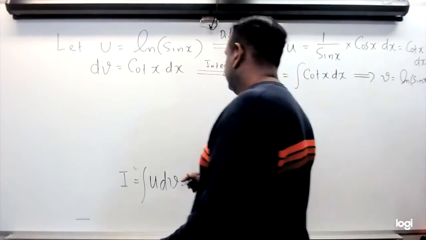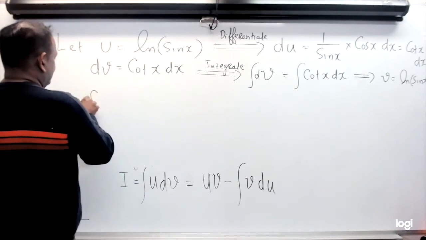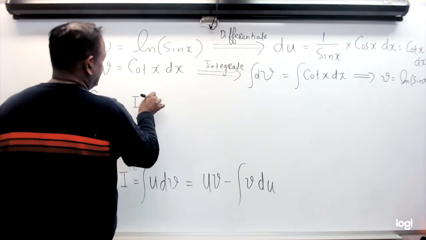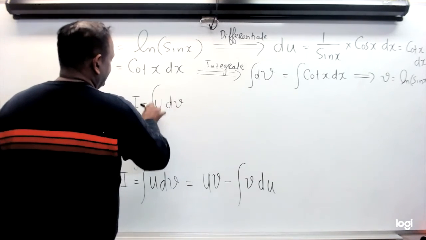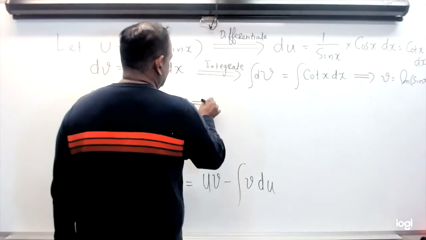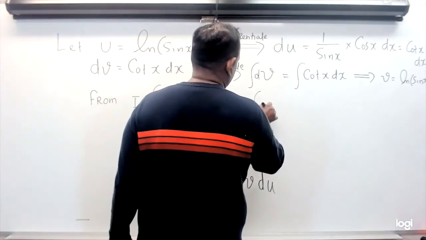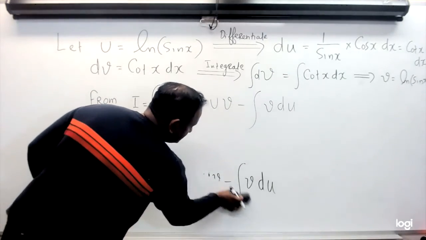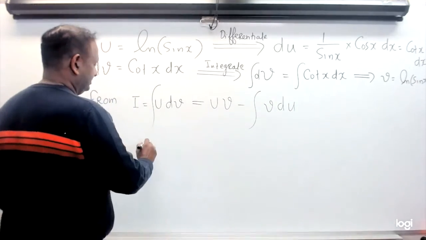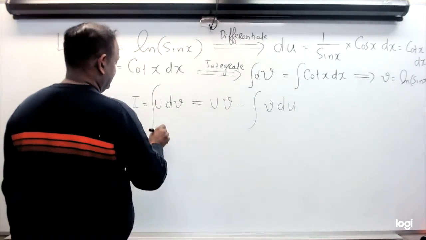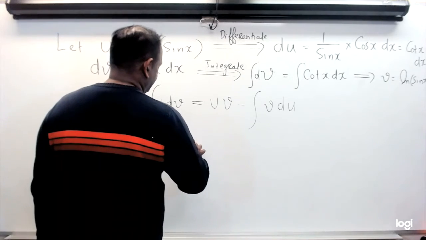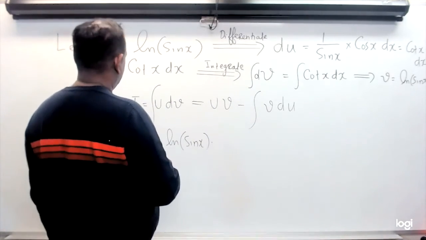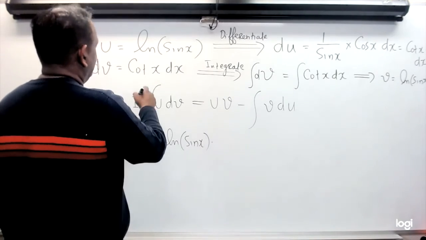Let's use this formula. Therefore, from the integral of u dv equals uv minus integral of v du formula, let's say what's going to happen. U means nothing but ln sine x times dv. dv means cot x dx.